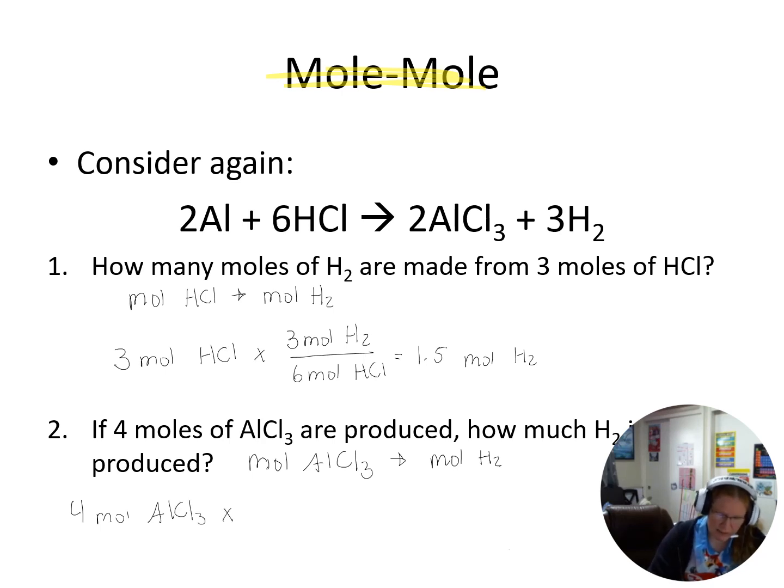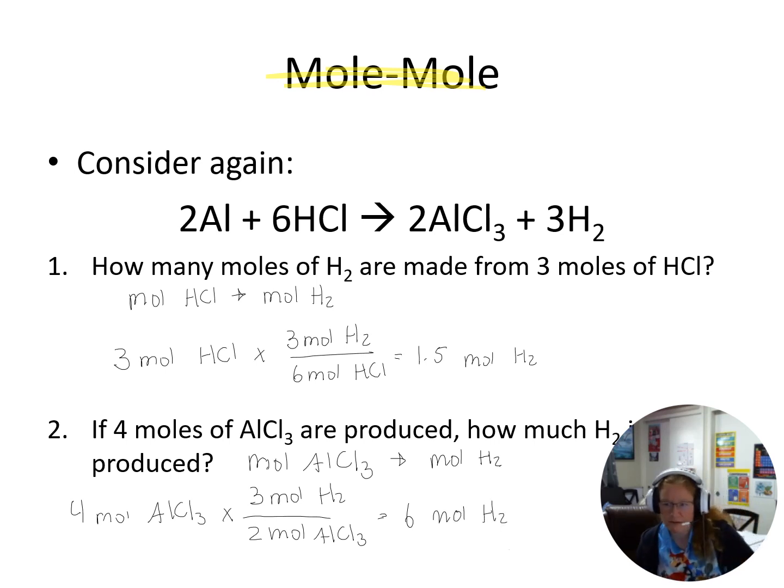And then my balanced equation tells me I have 3 moles of hydrogen for every 2 moles of aluminum chloride. Okay, so I'll get 6 moles of hydrogen. So for every 4 moles of aluminum chloride I produce, I can make 6 moles of hydrogen.